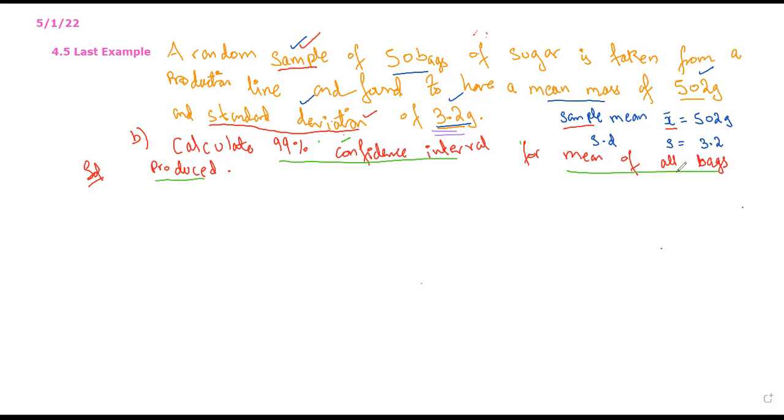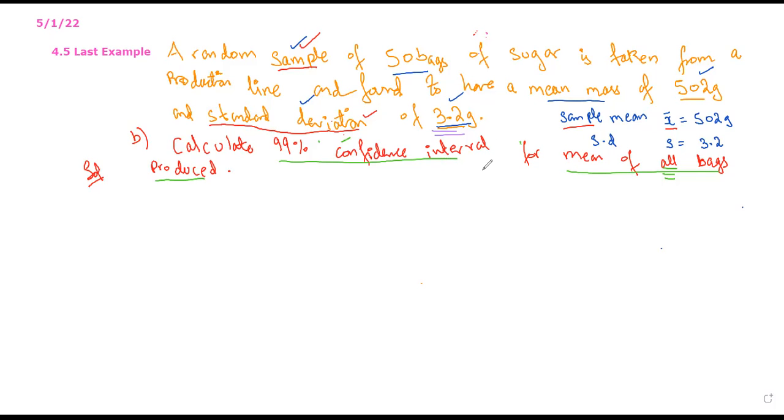Now this word "all" is very important. It tells you that they are talking about the population. All means that's the population. Even if you were able to understand only 50% of the last class, I told you that the confidence interval is self-explanatory.